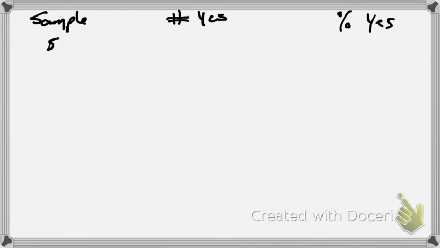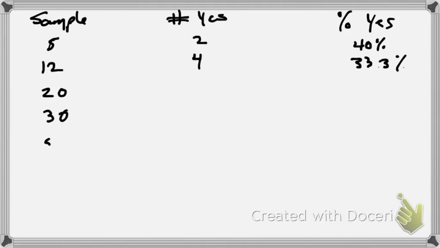But the first person asks 5 people, 2 say yes, and that's a 40% response rate. The next person says 12, and then we've got 4, and then 33.33% response. 20, I'm just going to do them all. 30, 50, 125, 150, and 200.